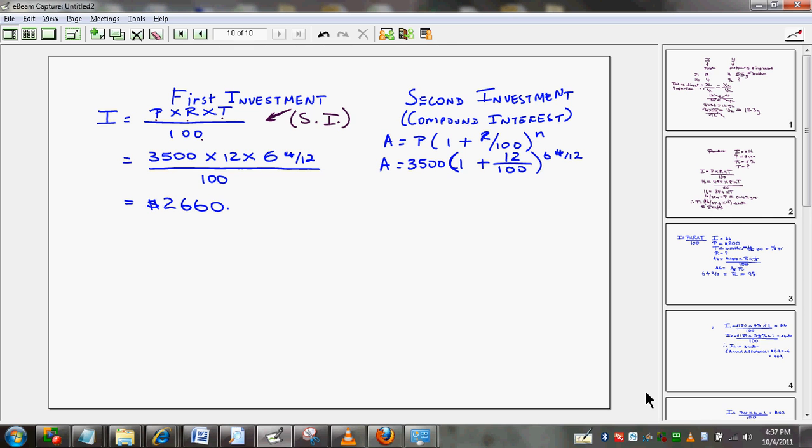The principal was 3,500. The rate was 12% per annum. And the time was 6 years and 4 months, which converted to years will be 4 divided by 12. So it will really be 6 and 4 over 12, divided now by 100.